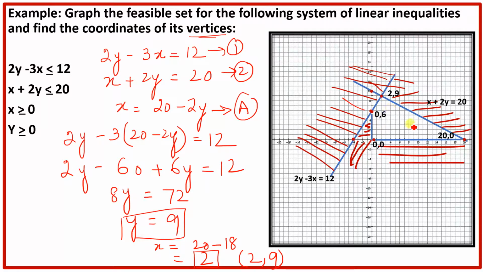So this is the feasible area which is not shaded. Right, any point you take from this area will satisfy these inequalities, and these are the vertices, the points 0, 6 here, and 0, 0 the origin. We only have to find out where these two lines intersect. So they intersect at 2 and 9. This is the x coordinate, this is the y coordinate.